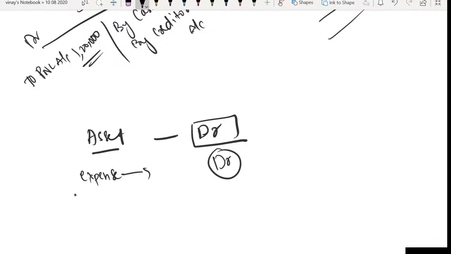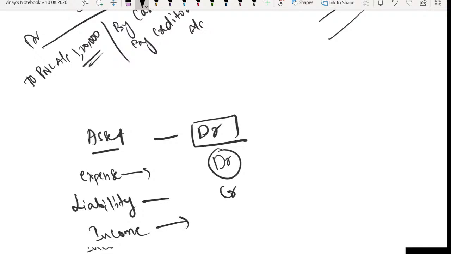Next, liability generally shows a credit balance, and income also shows a credit balance. Means the income ledger will have the credit side more than the debit side. Next is capital.